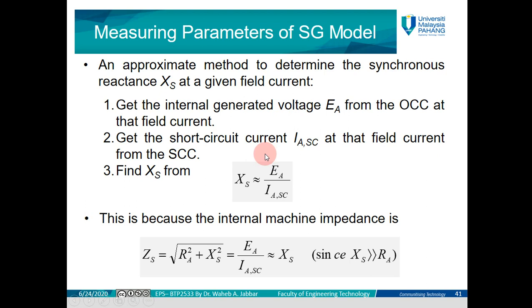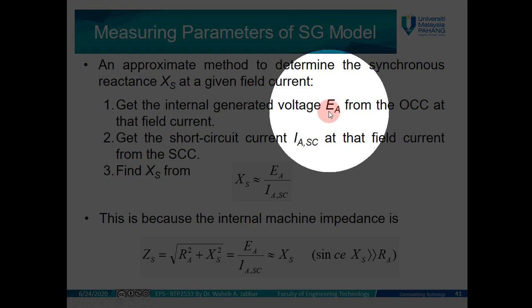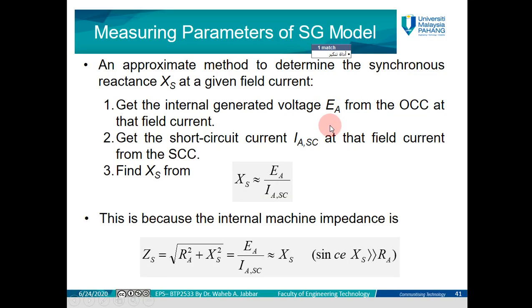So there is an approximate method to determine the value of the synchronous reactance of the synchronous generator. First, we need to calculate the value of EA from the open circuit test. As we mentioned before, we change IF and measure the value of EA.